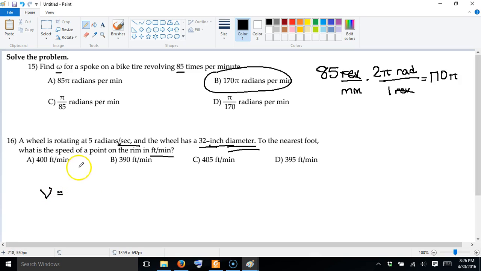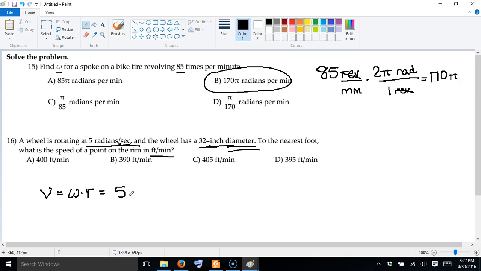Now you will have these formulas. The linear velocity is equal to, there's several formulas for it, but use the one that applies most to what you're given. And this right here, radians per second, that is your angular speed. Your angular speed is always going to be measured in radians per time unit of whatever it is, seconds, minutes, hours. So 5 is your angular speed.